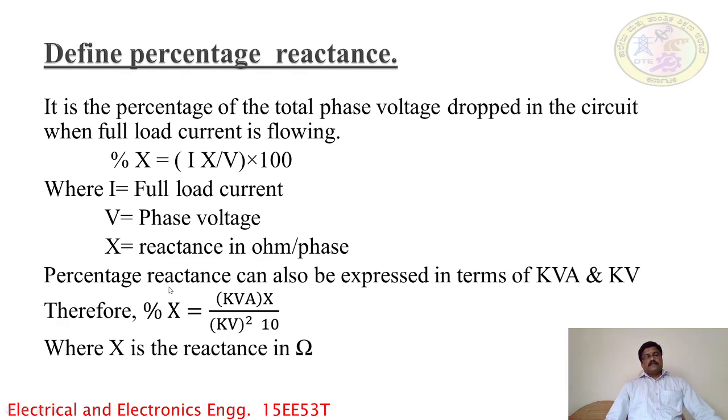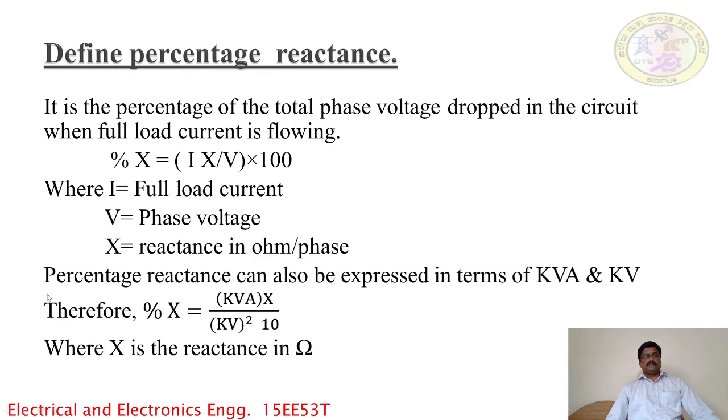The percentage reactance can also be expressed in terms of kVA and kV. kVA means kilovolt ampere and kV means kilovolts. kVA is the rating of the transformer as well as the generator or alternator, and kV is the rating of the transmission lines. So the percentage of reactance in terms of kVA and kV is kVA into X divided by kV squared into 10.